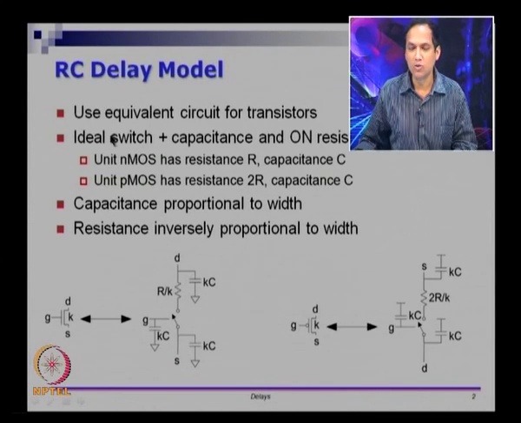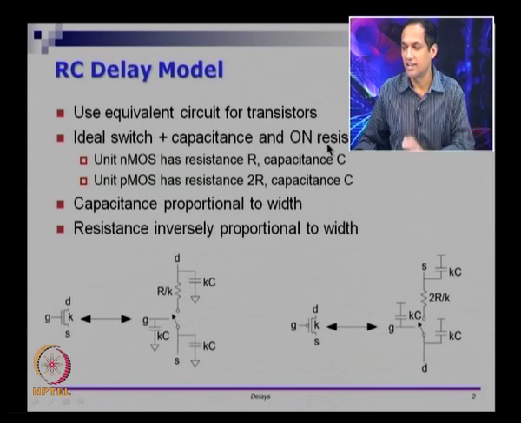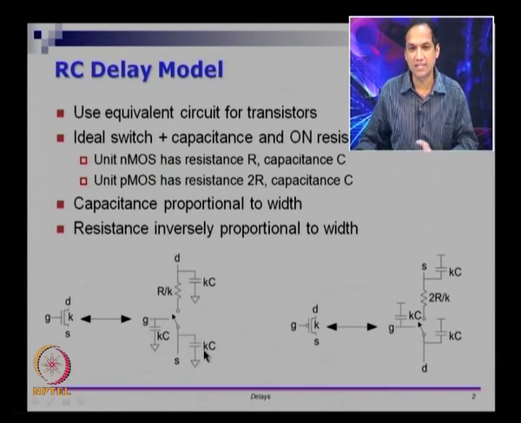So what I am going to do is take a transistor and treat it as though it is an ideal switch like here, plus some capacitances and resistances. Once I put an ideal switch here with all the capacitances and resistances, then I can forget that there is a switch there. I will assume that the ideal switch has 0 delay.